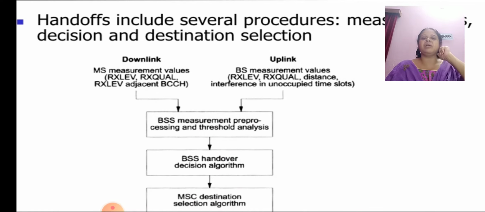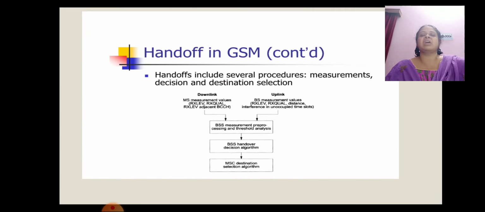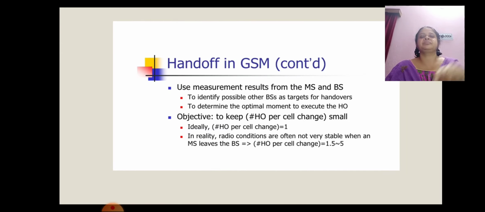For uplink also, base station measurement values are given, and for downlink, mobile station measurement values are given. Use measurement results from the mobile station and base station to identify possible other BSS and targets for handover, to determine the optimal moment to execute the HO.